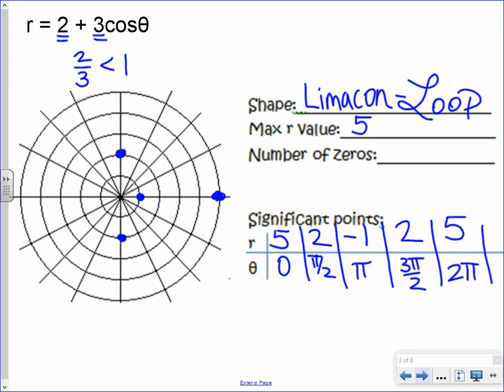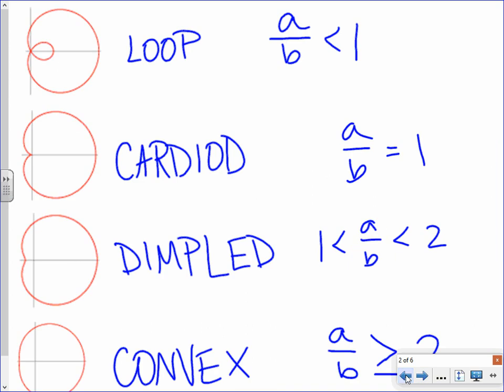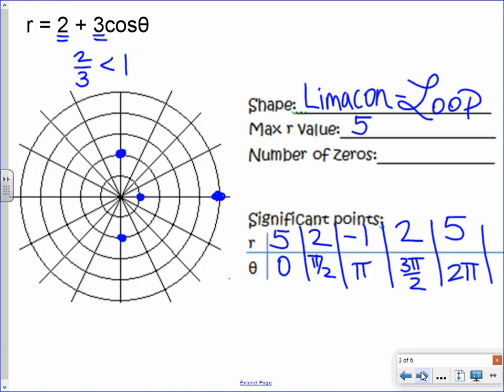When you draw your loop, it is important that you draw that loop through the pole. The loop has to go through the pole. And the biggest that the loop is going to be is that coordinate that we plotted with the negative R value. So we start at our first point that we plot.